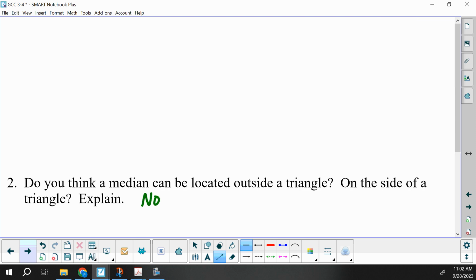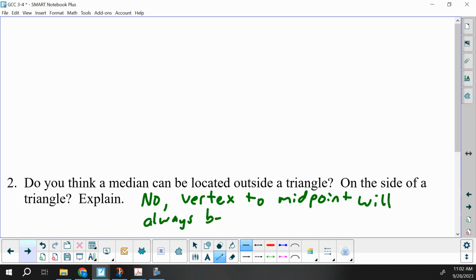No. We'll say vertex to midpoint will always be inside the triangle. And it's the same explanation for the second part there. Could it be on the side of the triangle? Can't be on the side of the triangle. If you're going from the vertex to the midpoint, it'll always travel through the inside of the triangle.